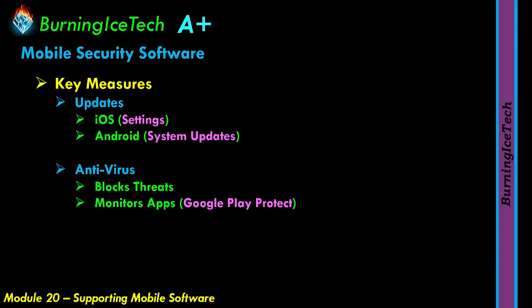Definitely not. A lot of phones do have security software running in the background that monitors your apps. How you might perceive this is whenever you open an app, especially for the first time, it may or may not ask you, do you want to allow this app to access perhaps your gallery? Do you want to allow this app to access your camera?